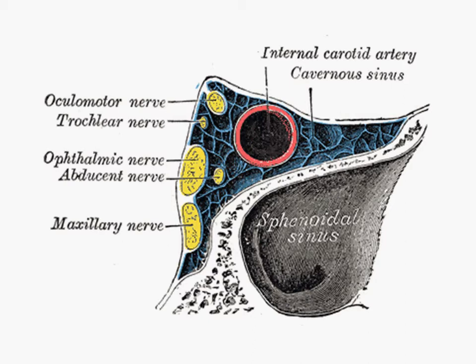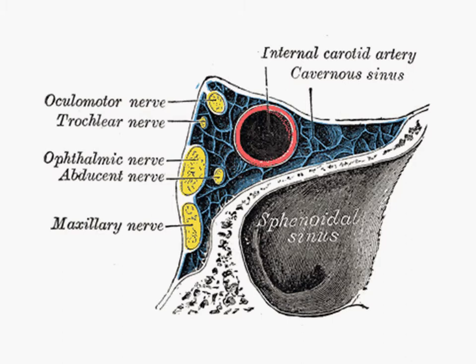However, the order of the signs is important, or at least it is in theory. Now the nerve fibers that supply the pupil, the parasympathetic nerve fibers, are on the outside of the oculomotor nerve, whereas towards the center of the oculomotor nerve are the fibers that supply the extraocular muscles. So if there is some kind of compression of this nerve, the outside fibers will be affected first, and the fibers towards the center affected afterwards.